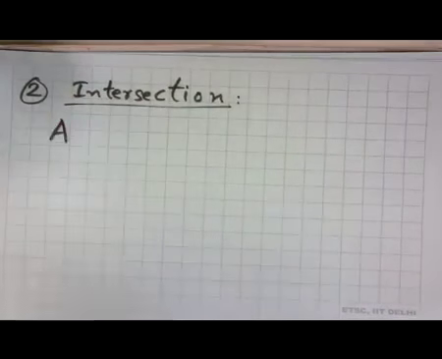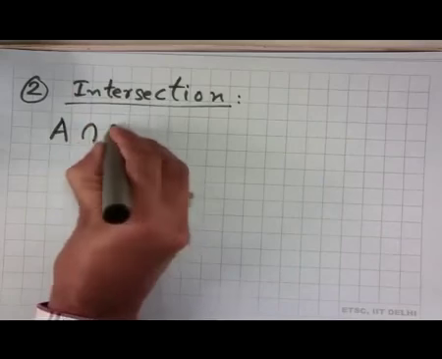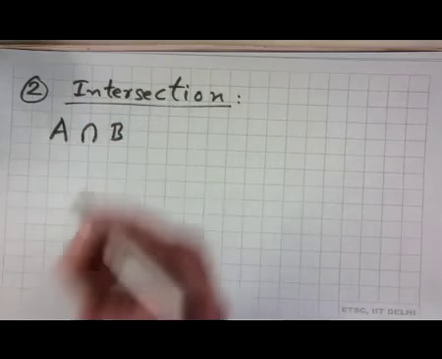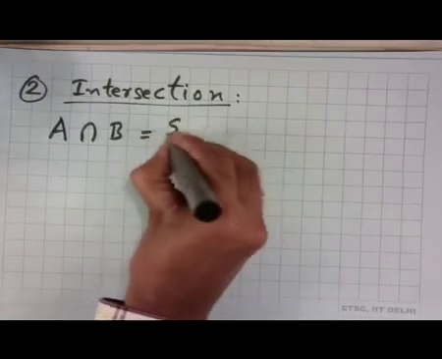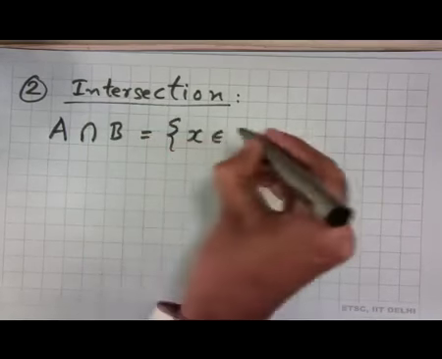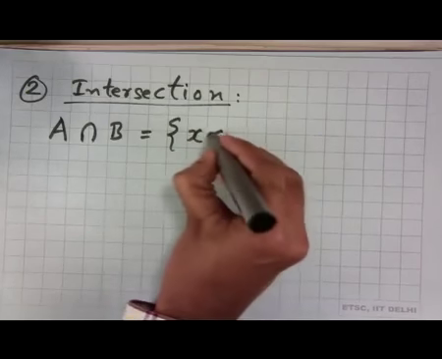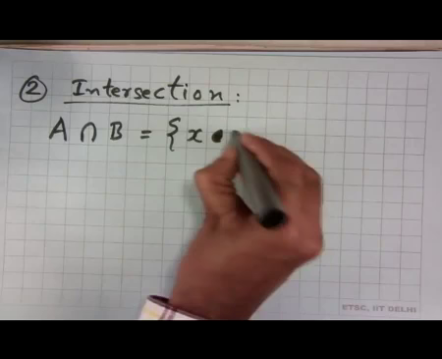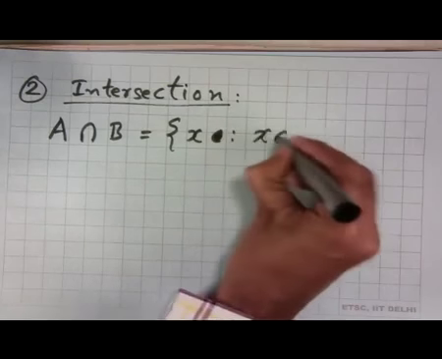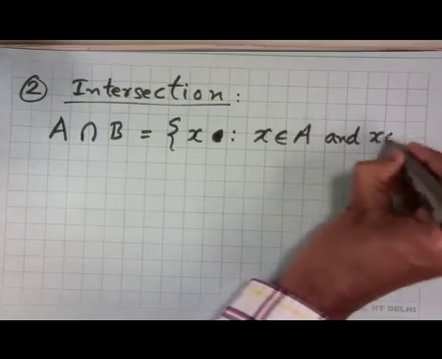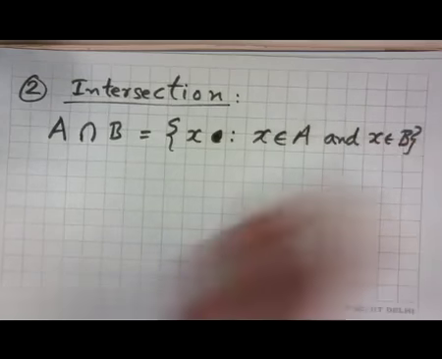So, if A and B are two sets, then A intersection B consists of all x such that x belongs to A and x belongs to B. Right.